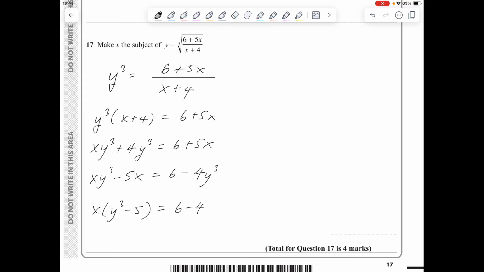The right hand side stays the same. Therefore, to leave x on its own, I'm going to divide both sides by that bracket. So 6 minus 4y to the power of 3 over y cubed minus 5, and that's the final answer. Note that this is equivalent to the following, which is also an acceptable answer.